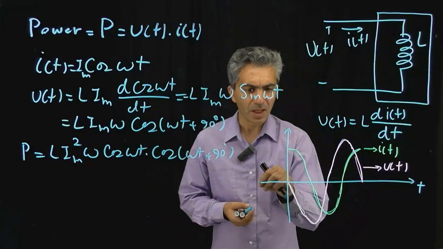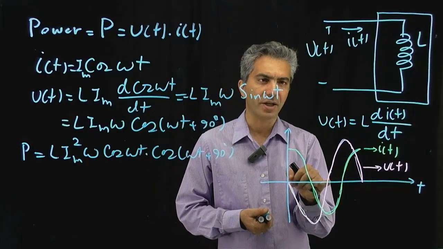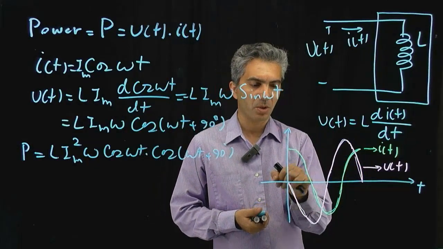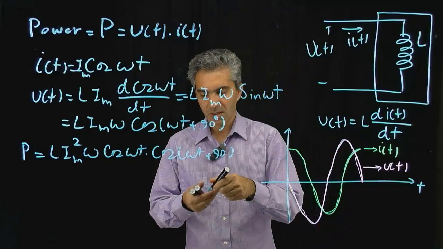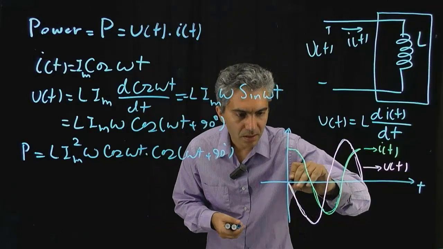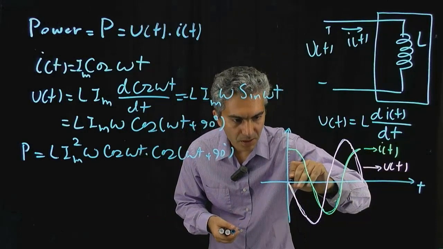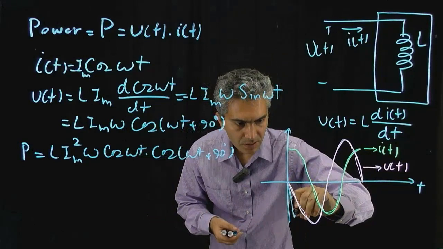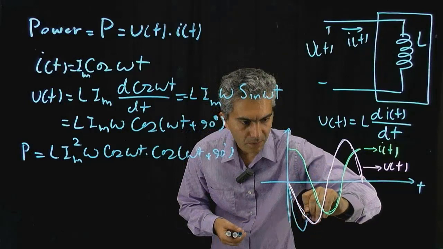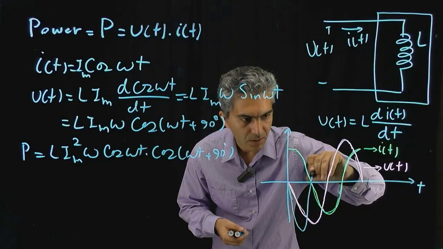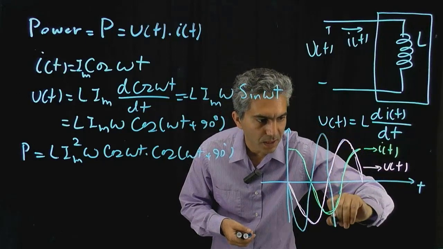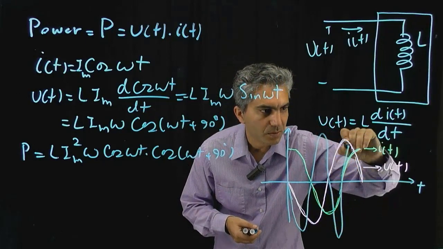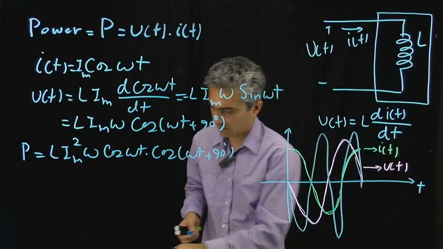So every time the voltage or current crosses 0, first of all the power becomes 0, and right after that it changes polarity. If you want to draw it, it looks like this: it's here, negative, and then 0, then goes positive, then 0, then goes negative, then 0, and goes positive, and 0 again.